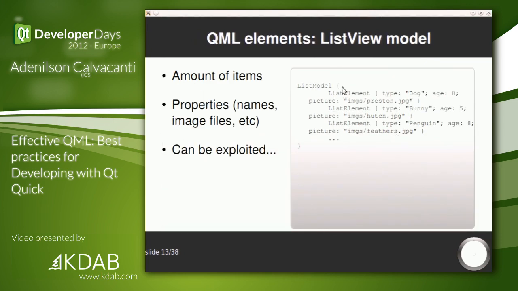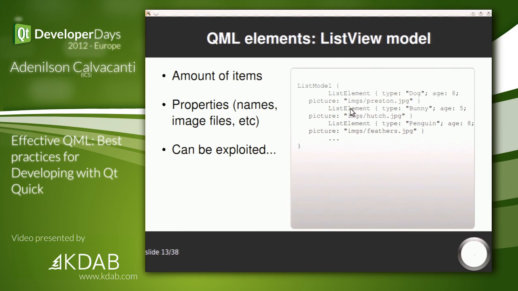Finally, the list view model. Here I have a list view with list elements and I define the properties. But is that everything you can do with a list model? Well, actually you can exploit them. Have you guys seen ICE's demo running on the booth? Have you wondered how the scrollable tiles were implemented?